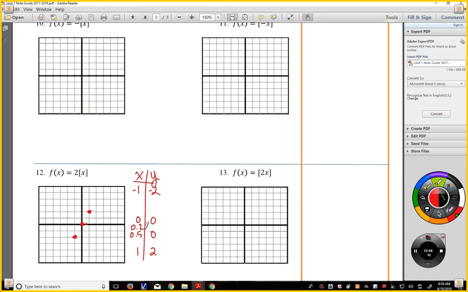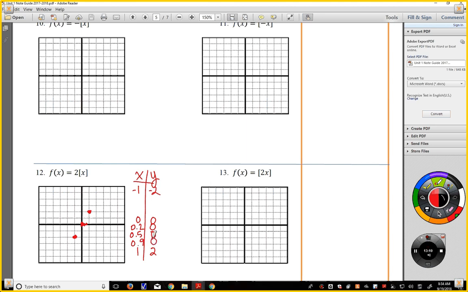So 0.2, if we plug that into the greatest integer function, it gets rounded to 0. And 0 times 2 is 0. Okay. What about 0.9? Still 0, right? Because it still gets rounded to 0, and 0 times 2 is still 0.